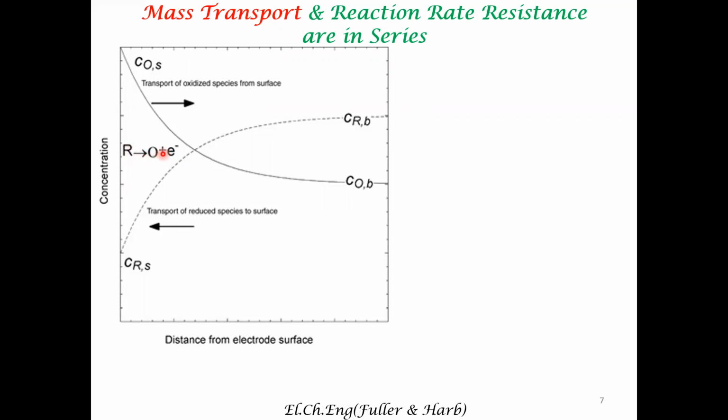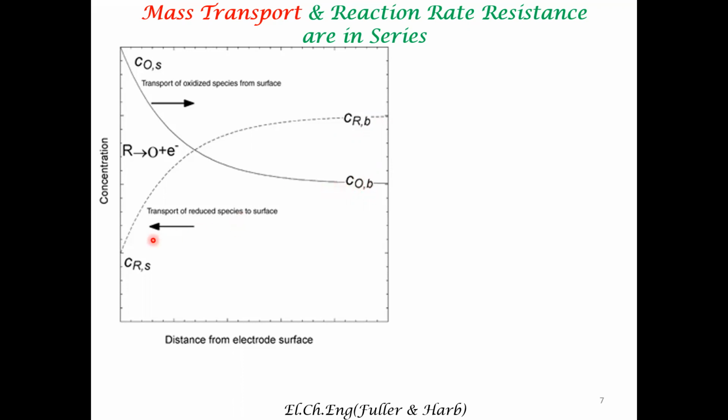Because this reaction occurs on the electrode surface, if you plot the concentration as a function of distance, you see this profile. This is the concentration of the reduced species in the bulk. This is the concentration of the oxidized species in the bulk.